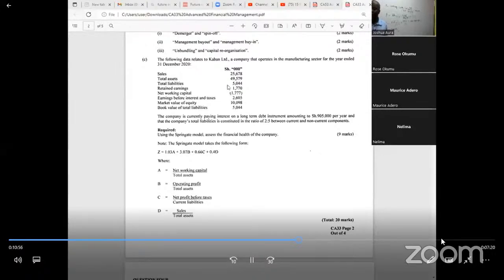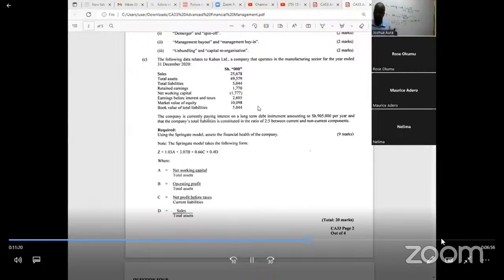So this total liability given here is 5044. The current will be 2 out of what? Can someone talk to me? I want to get a fraction of the current liability, so I should take 2 out of what? Many guys took 2 out of 5, which was pretty wrong.